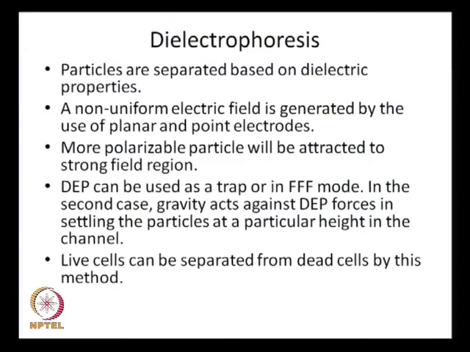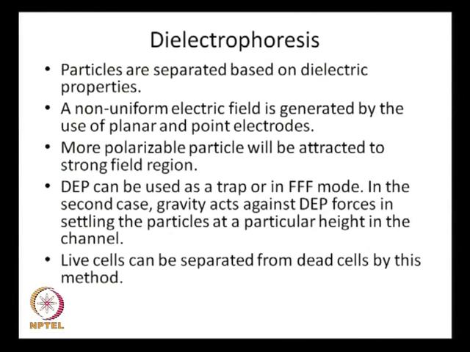Earlier we mentioned electrophoresis, and I said that this electrophoresis can be turned 90 degrees and can be used in conjunction with field flow fractionation. Here we have another technique which is known as dielectrophoresis, where the more polarizable particles will be attracted to strong field region.